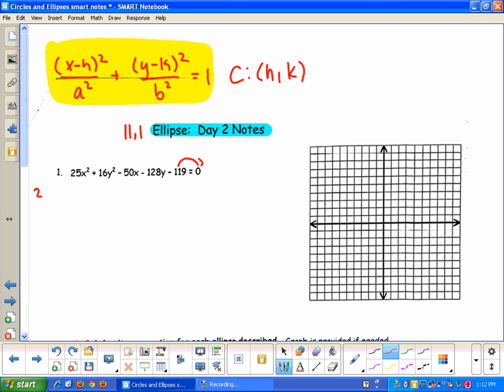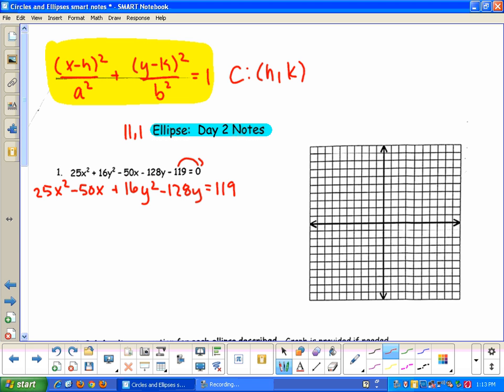So we're going to write 25x squared minus 50x, and then we have plus 16y squared minus 128y equals 119. Now, remember, when you're completing the square, you cannot have a number in front of the variable.